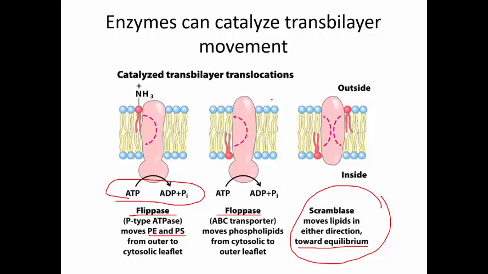You're not just pulling these in randomly from the outside. Remember, those bilayers did have different concentrations of different lipids, and so for the ones that are higher in the outer bilayer, you're going to have to move them to the more concentrated side somehow, right? And so it makes sense why we would need something like floppase. Floppase also requires ATP to do that.